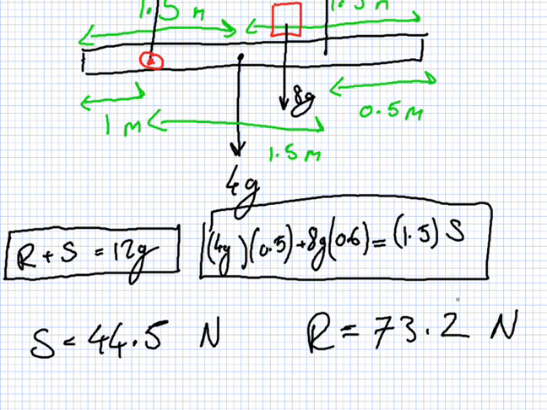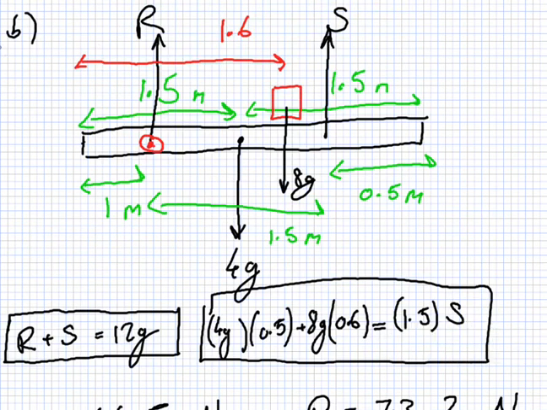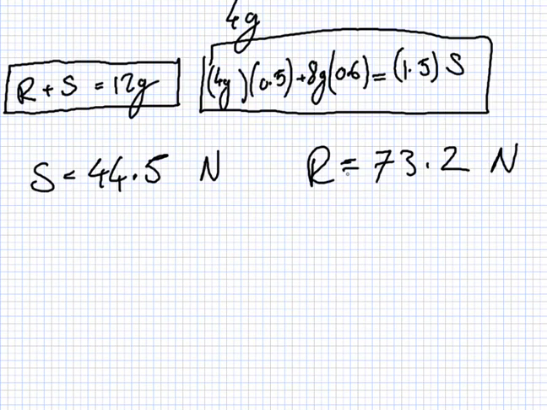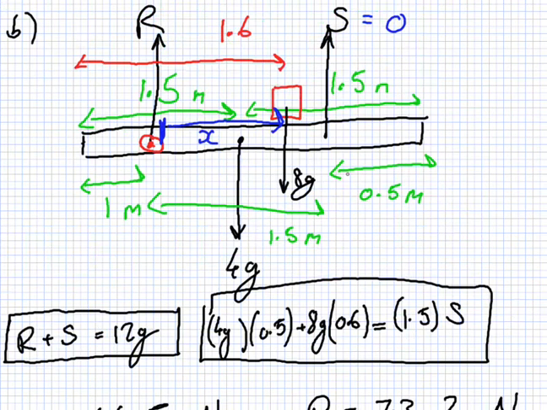So in other words, find the distance x so that S is 0. My two equations are the same, except instead of having 0.6, I'll have x, and instead of having S, I'll have 0.